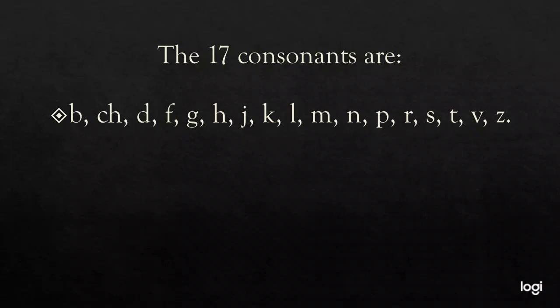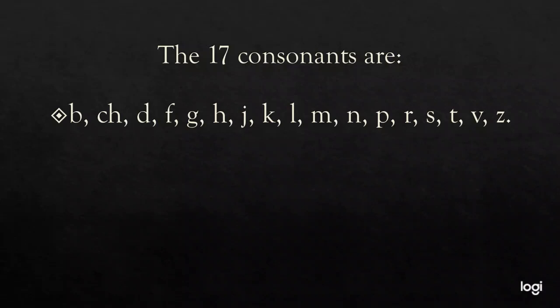We have 17 consonants, and many of you who were born in Haiti don't know these things, no insult. So it's important to write it down because it's very important. So it's b, sh, d, f, j, h, j, k, l, m, n, p, r, s, t, v, z.